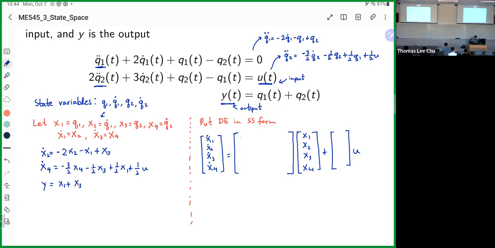So x1 dot is just equal to x2 from here. This is our first row, then our third row, our second row, and this is our fourth row for our A matrix.